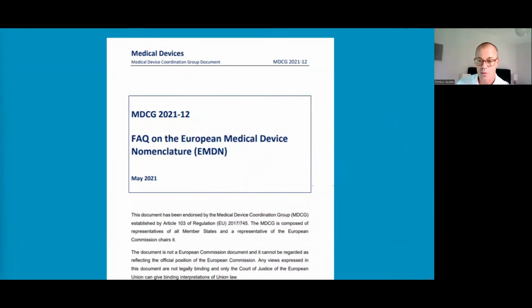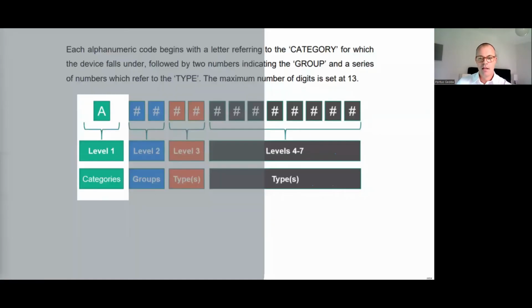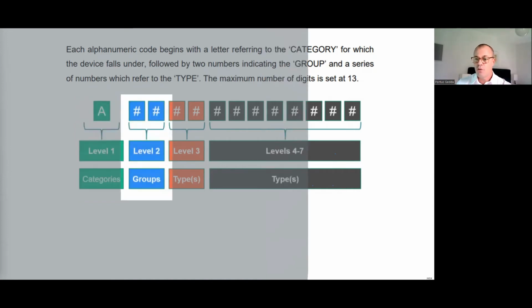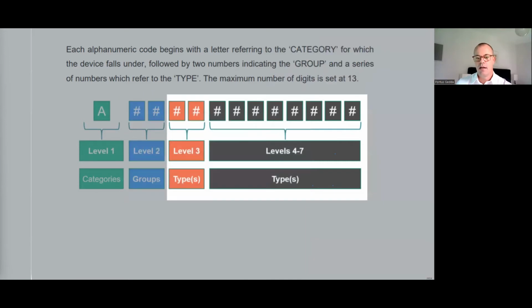It's 2021-12, and it's called FAQ, Frequently Asked Questions on the European Medical Device Nomenclature, EMDN. Looking into this MDCG document, we see that each alphanumeric code, meaning the actual EMDN code, begins with a letter referring to the category the device falls under, followed by 2 numbers indicating the group, and a series of numbers which refer to the type.